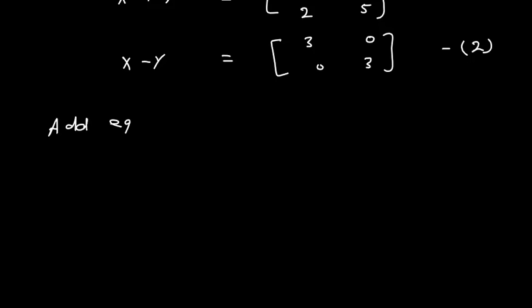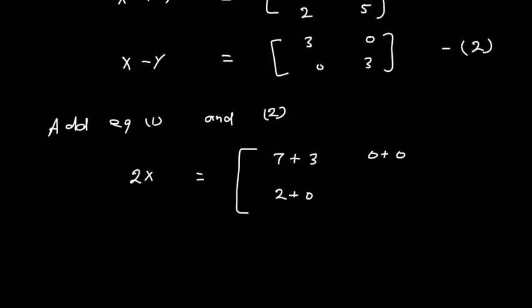Now if we add equation 1 and 2, this x and x will give me 2x, and on the right hand side this y and y will cancel. On the right hand side, 7 plus 3, the corresponding terms you have to add, 7 plus 3, then the second will be 0 plus 0, here this is 2 plus 0, and here this is 5 plus 3.